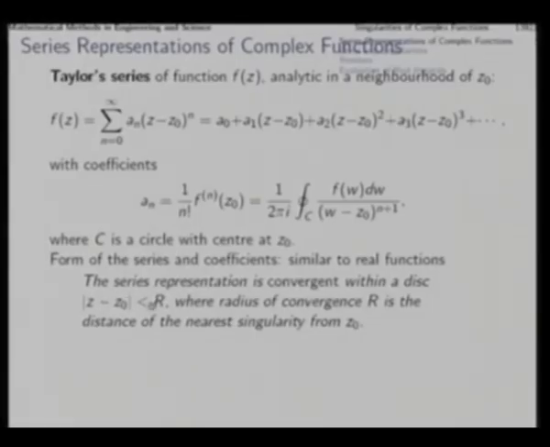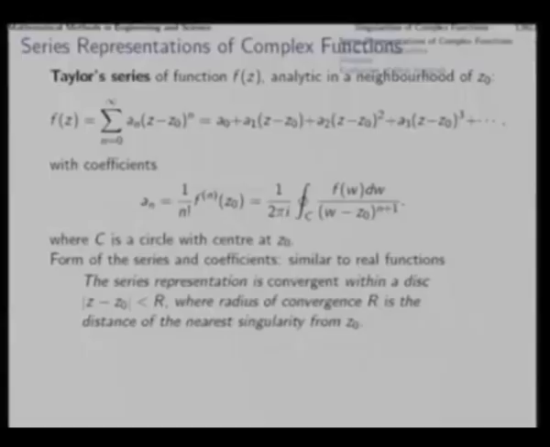It is convergent within a disk of radius r, which is also called the radius of convergence, which is the distance of the point z0 from the nearest singularity. That means, if within a disk of radius r everywhere the function is analytic, then within that distance this series representation will be convergent and therefore valid.